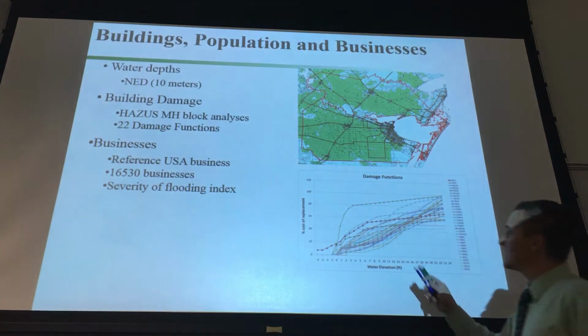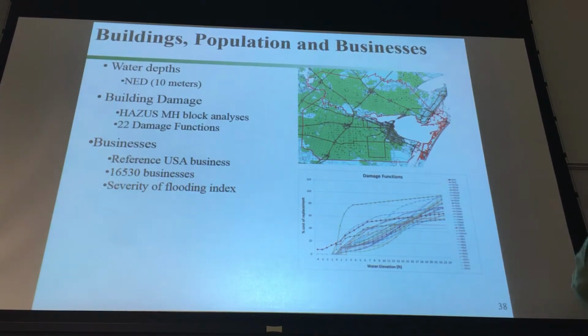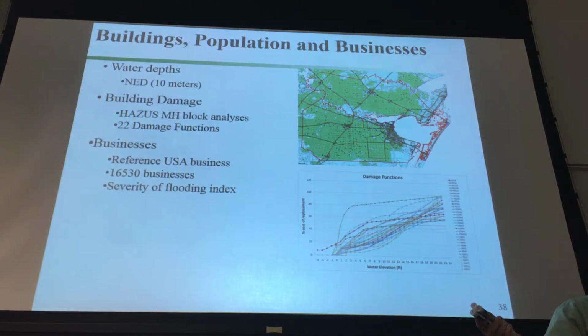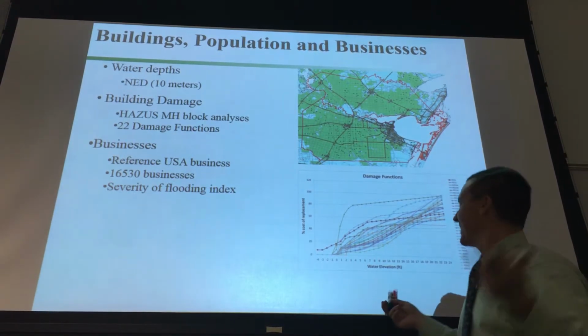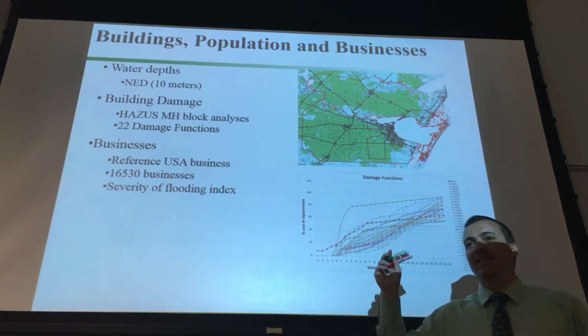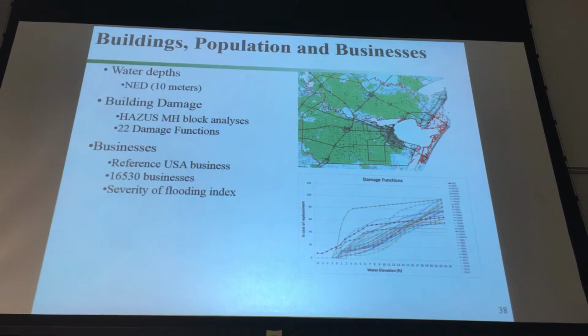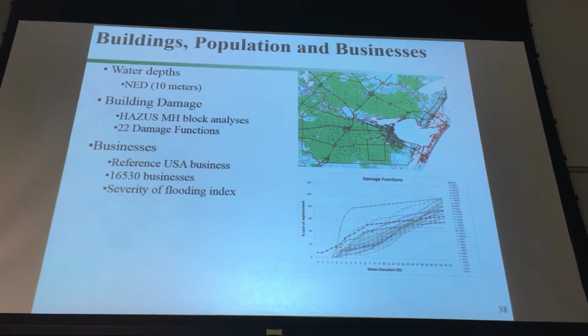What it does is it uses damage functions. So there are functions that relate depth with the percent damage. You should know all about this, Reza. Come on. So you use geospatial information of business or houses, things like that. So you know where a house is.